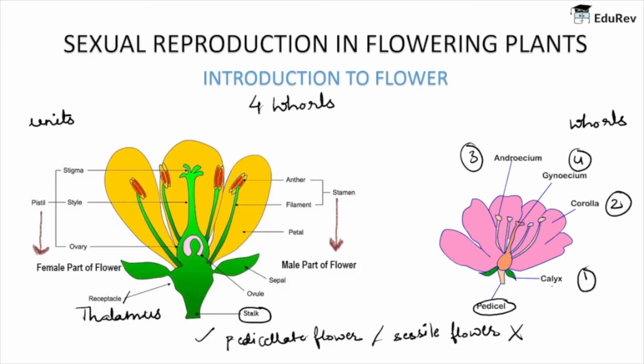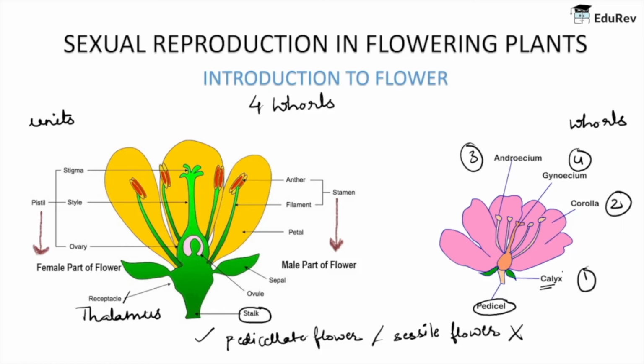So we can say that calyx is green in color, as you can see it labeled as green. If it is green, it can do photosynthesis, that is one function, and it is also the protector of the bud, when the flower is not grown and is in its bud form. It is generally protected by the calyx.